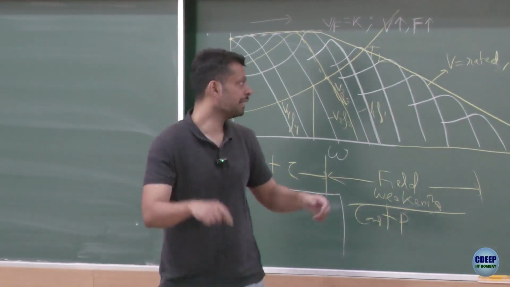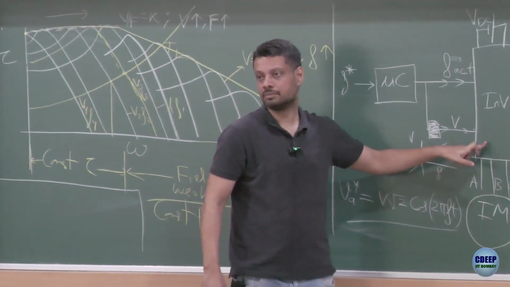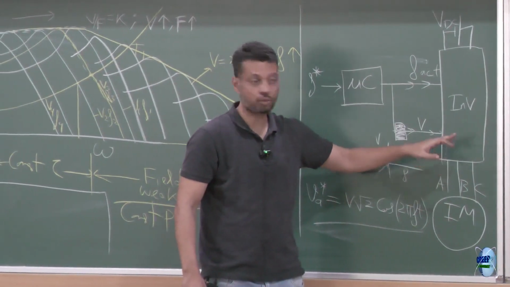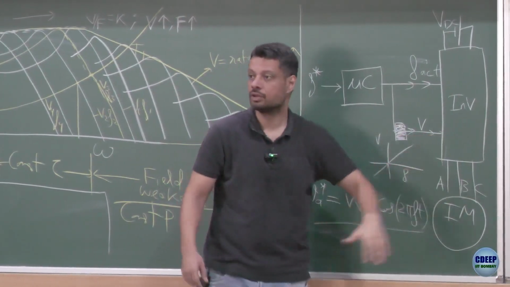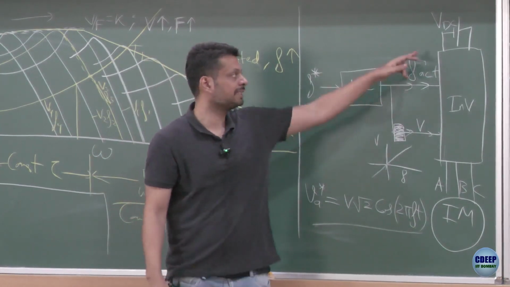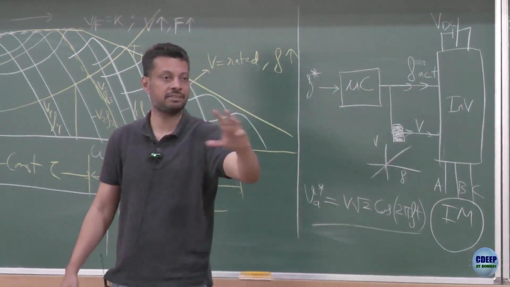Okay, before we do that, quickly, how do you get this DC supply to the inverter? Because for the inverter to produce AC voltages of your desirable voltage and frequency, which an inverter can do, it requires a DC source, right? So where does this DC source come from in your drive that you had in the experiment?